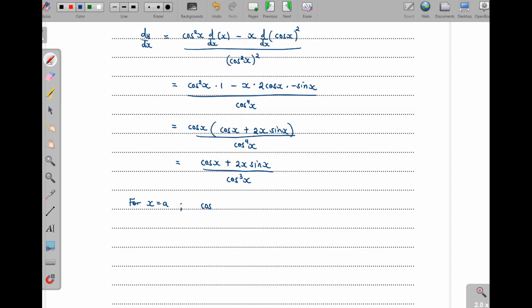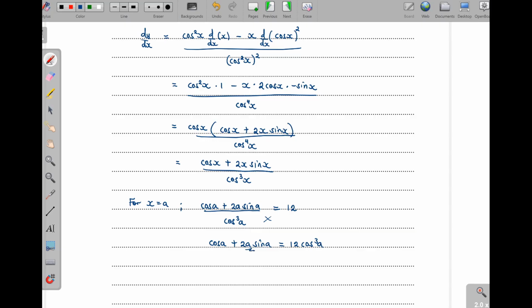So we shall have cosine of a, then plus 2a sine of a, then out of the cosine cubed of a, then I equate this one to 12. Then we can cross multiply here. When we cross multiply, we shall have the cosine of a plus 2a, then sine of a, this one will be equal to 12, then the cos cubed of a.